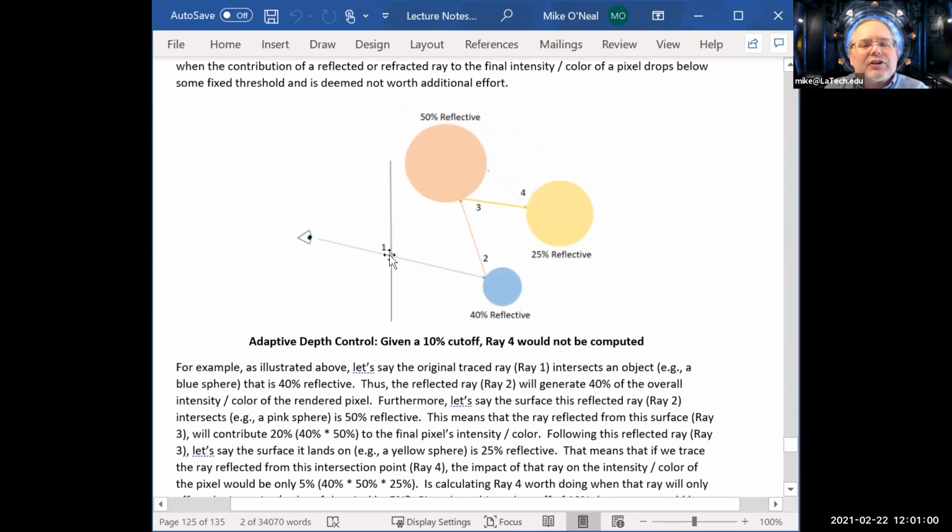we ultimately want to get the color of this pixel. The first intersection is going to have some local color. That local color will be computed from the Phong illumination model. You'll have your ambient, you'll have your constant of diffuse reflectivity, you'll have all of those calculations you will do here to get the local color. And that local color will be some percentage of the color here, maybe 25%. And then the reflected and the refracted ray will also contribute some amount of color.